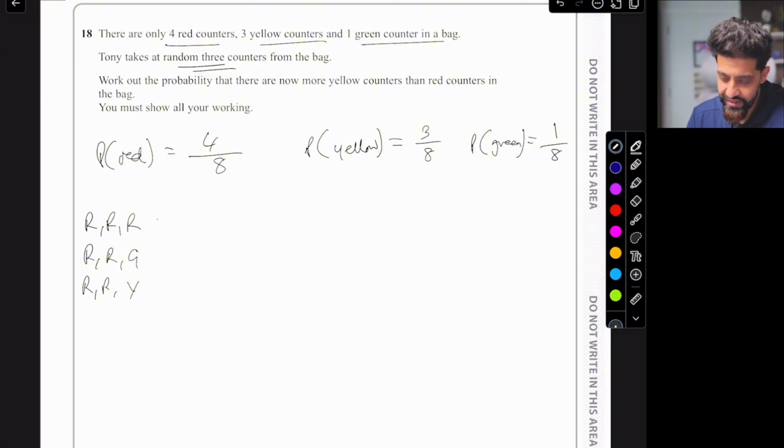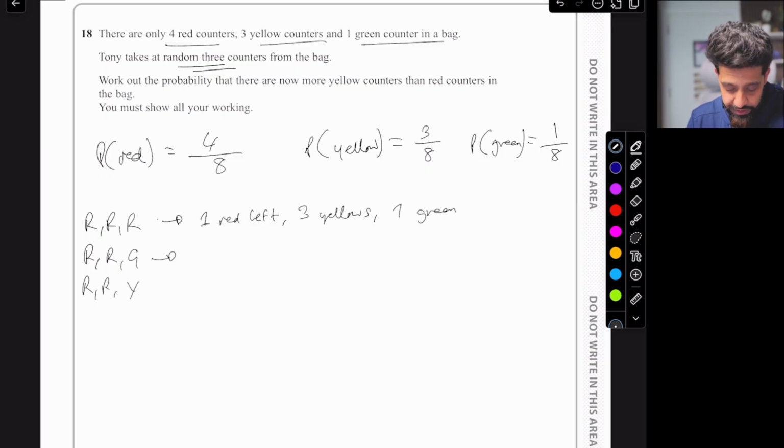So let's see what each one has left. If we take this possibility, we've taken out 3 red counters, we had 4 to start with, so we've got 1 red left, and all the yellows, so 3 yellows, and 1 green, because we haven't touched green here.